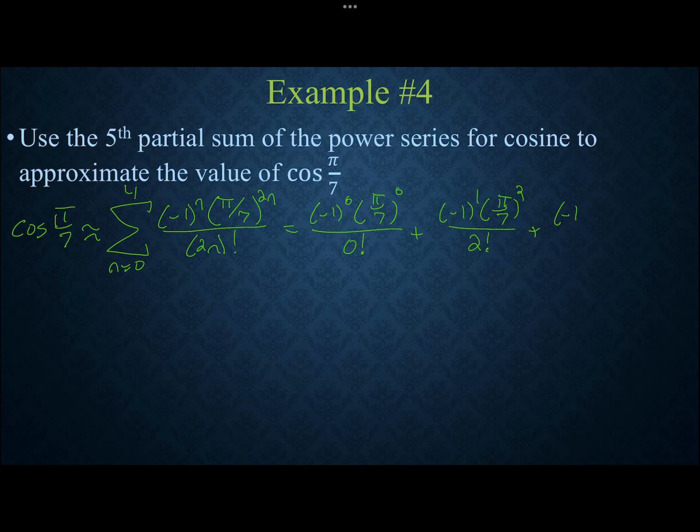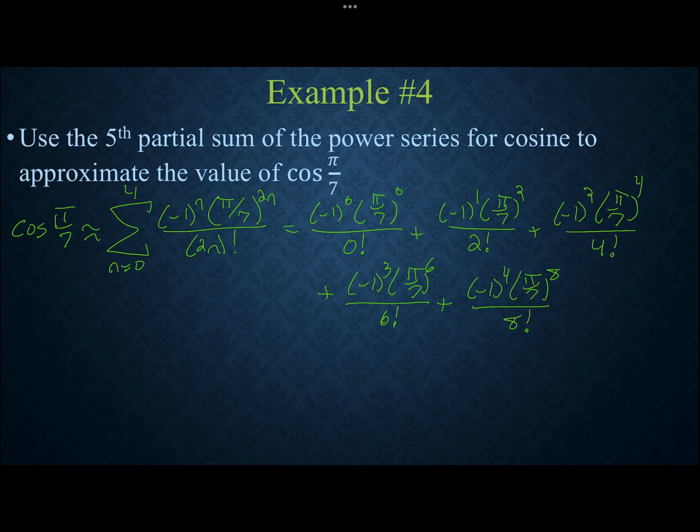And then plus negative 1 squared, pi over 7 to the 4th power, over 4 factorial. And then negative 1 cubed, pi over 7 to the 6th power, over 6 factorial. And then negative 1 to the 4th, pi over 7 to the 8th power, over 8 factorial. So those are your 5 partial sums. Individually, much more annoying to type out those 5 different expressions to evaluate.